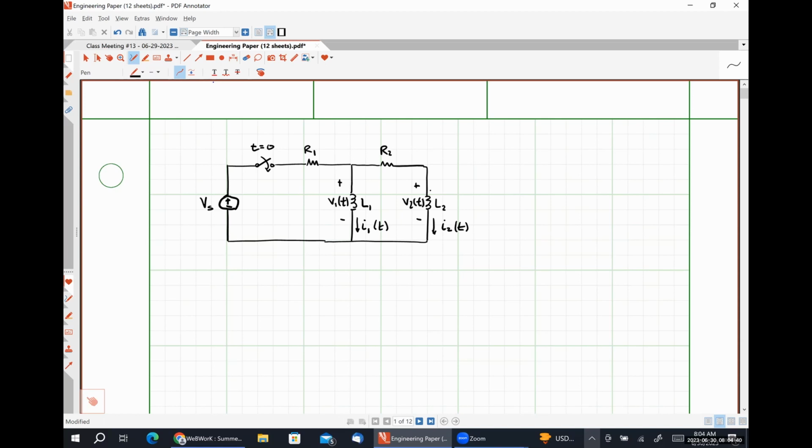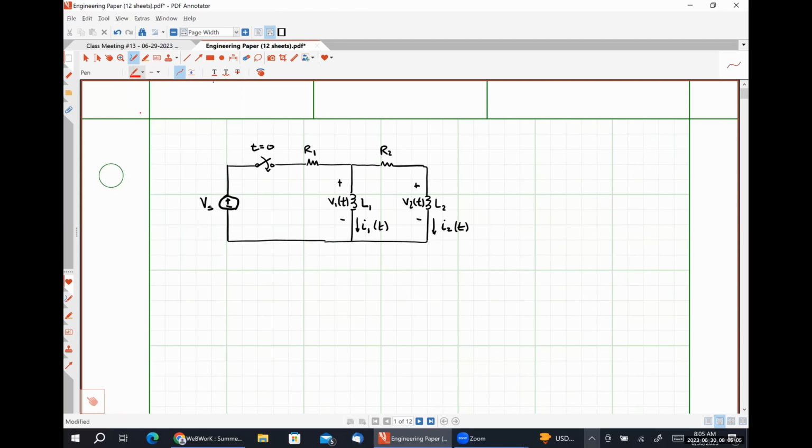And instead of taking the approach that we did in our last problem, I'm going to intentionally work it differently. So I'm going to use mesh analysis to show you how that could be applied. And obviously, KVL could also be used, or excuse me, nodal analysis could also be used if we were so inclined, sorry.